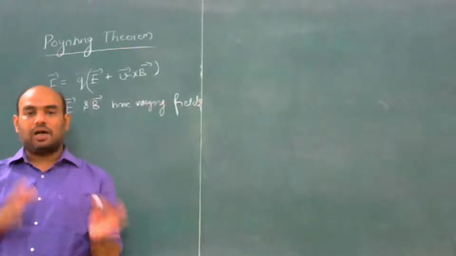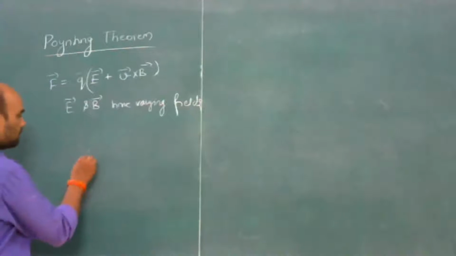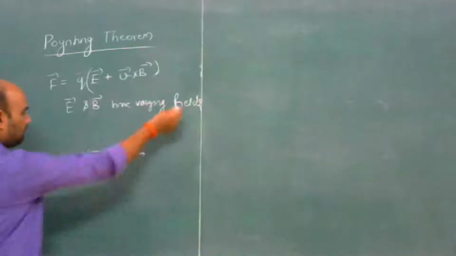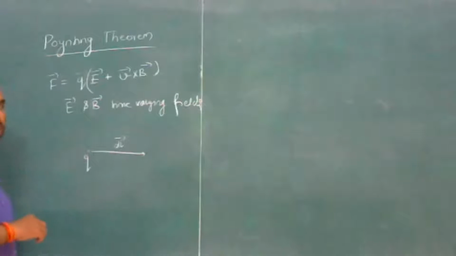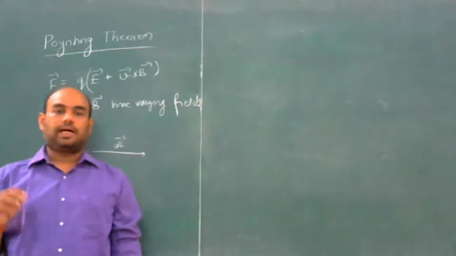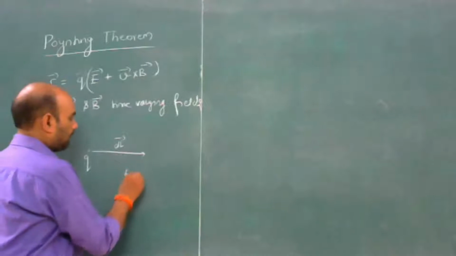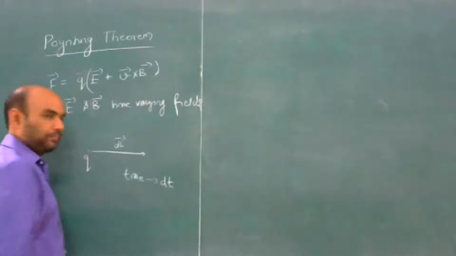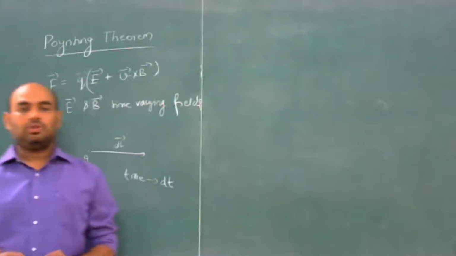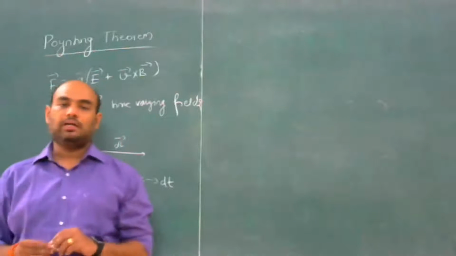When the charge travels a distance dl, suppose the charge is here and travels the vector distance dl in time dt, under the influence of this force F, which is given by the Lorentz force.